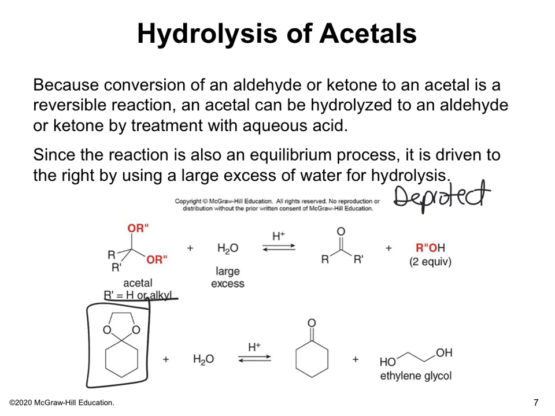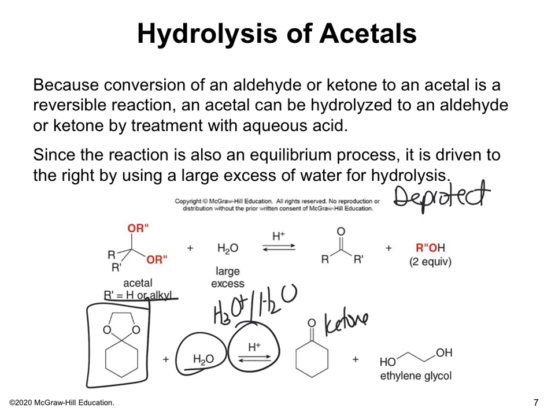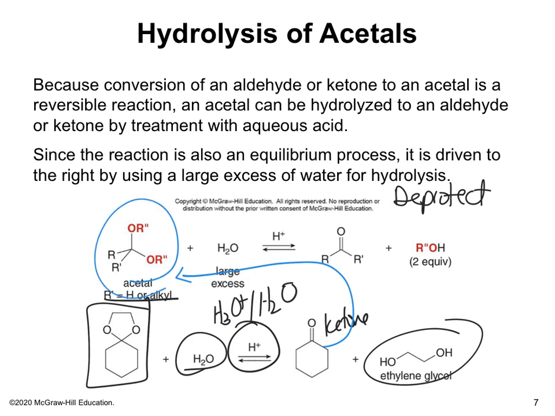So you see you have an acetal and you add water and acid, so just H3O plus and water, you can get back your ketone. And then of course you get the ethylene glycol. You do not have to draw this mechanism going back to the ketone. But I do expect you to be able to take the ketone to the acetal. I expect you to be able to do that.